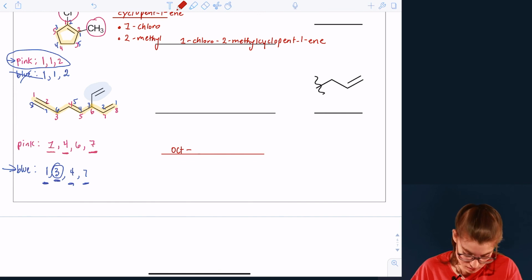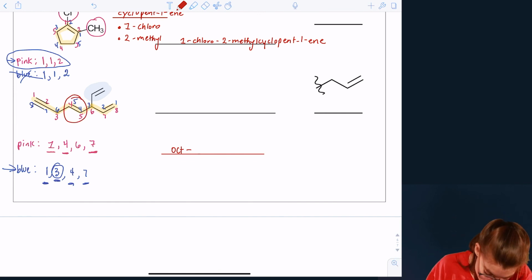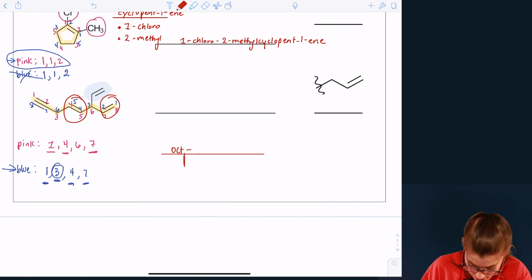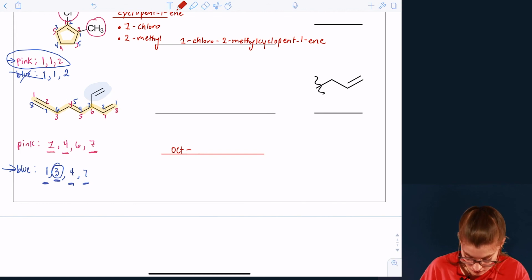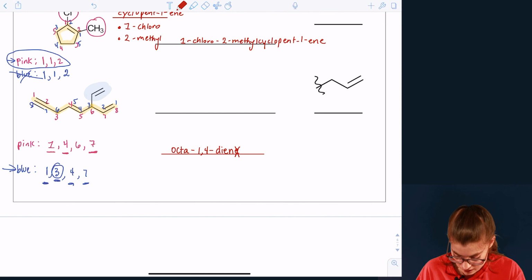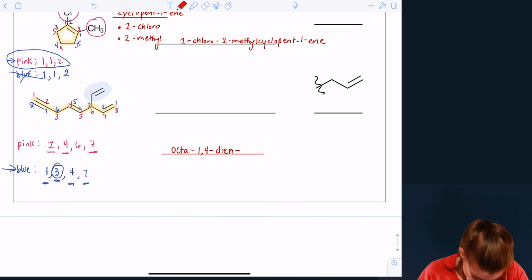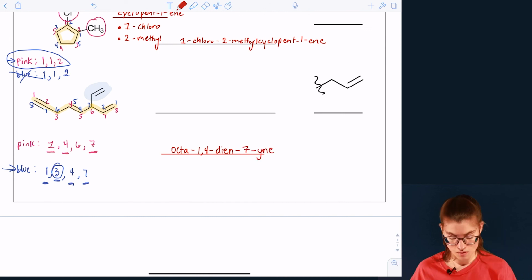Okay, so oct, but remember we have multiple double bonds here. So remember we have to add the vowel. So it's going to be octa-1,4-diene. But remember we also have a triple bond, so we're not going to finish with an E. We're going to have diene, and then that's at number 7, 7-yne. So that is our parent.